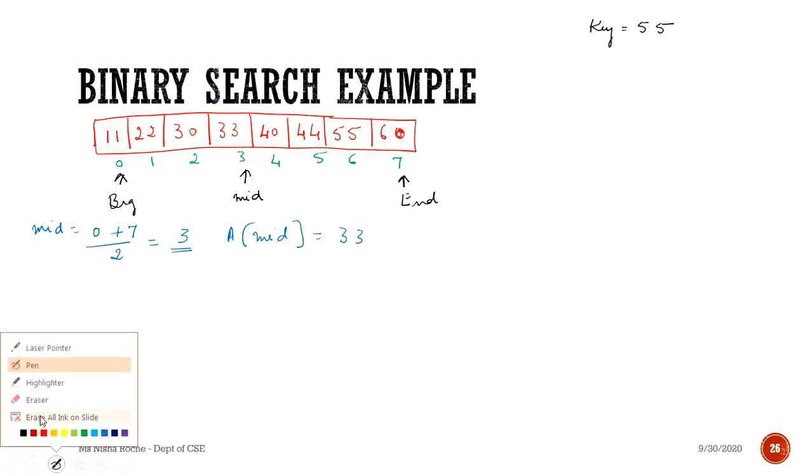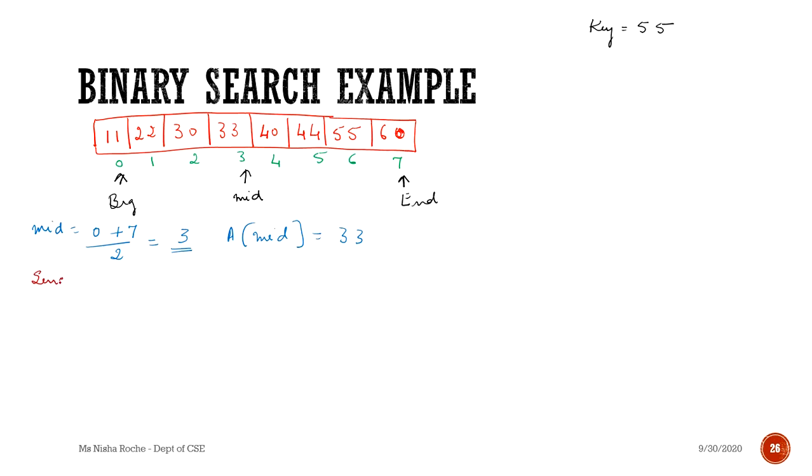Now compare. We always compare with the search element. Since the search element is greater than the mid element, 55 is greater than 33, that means we have to move this to this position, right? We have to update the beginning value.